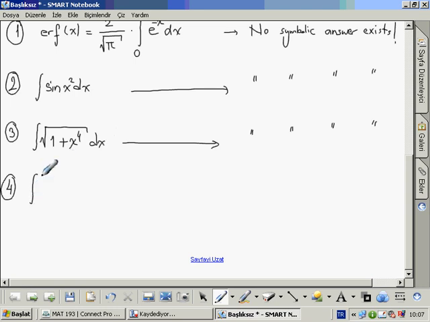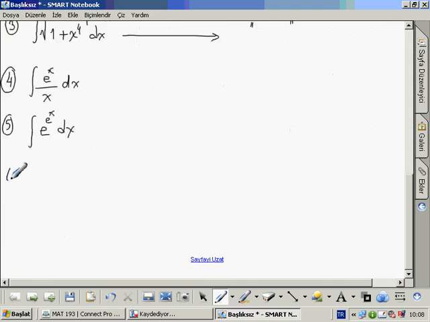For the integral of e to the x over x dx, okay. And the fifth one, the integral of e to the power of e to the x dx. And the sixth one, the integral of dx over ln x.